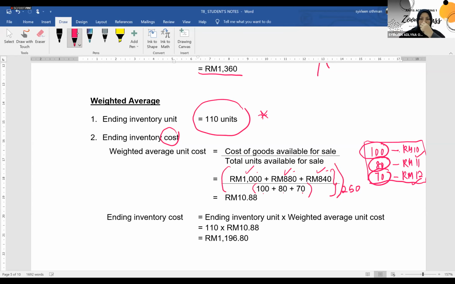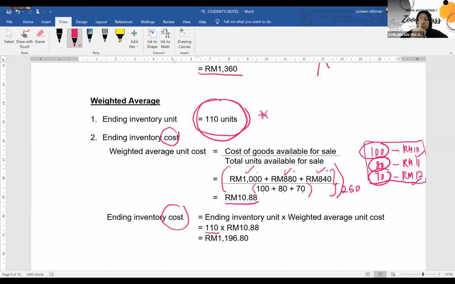Okay, alright, so the average cost for 1 unit is RM10.88. Maksudnya 3 batches of inventory will be rated at the same rate using RM10.88 ni. So tak kira lah you beli baru ke, you beli lama ke, RM11 ke, RM10 ke, RM12, harga dia dikira tetap sama. Okay, so bila saya kira ending inventory unit, lebih senang lah. Kenapa lebih senang? Sebab tadi saya dah ada ending inventory unit 110.